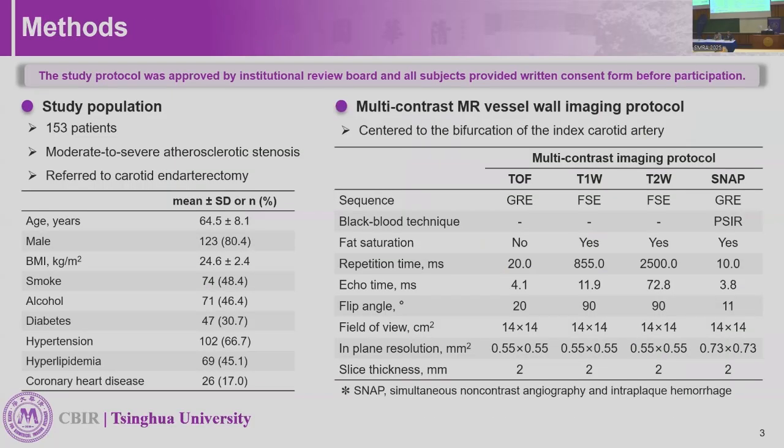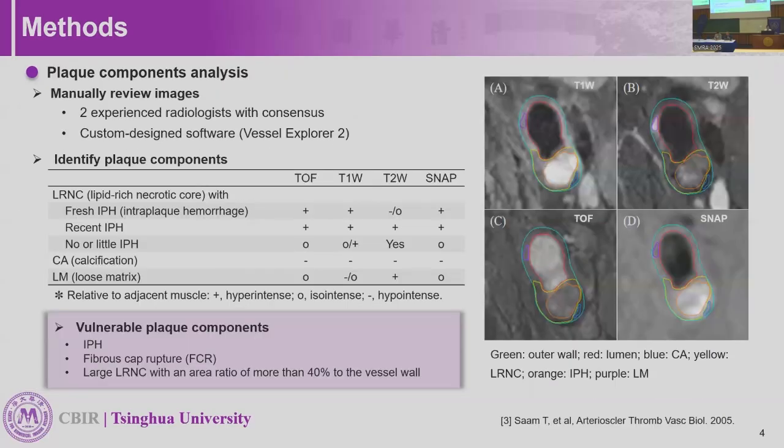In this study, a total of 153 patients with moderate to severe atherosclerotic stenosis were included. All patients underwent bilateral carotid MR vessel wall imaging, including TOF MRA, T1 weighted, T2 weighted, and SNAP sequences. The MR images were reviewed by two experienced radiologists, and the plaque components were identified.